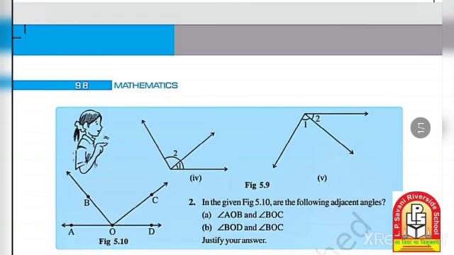In this way you can justify whether they are adjacent or not.